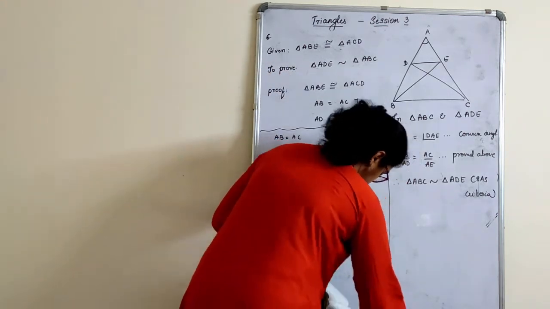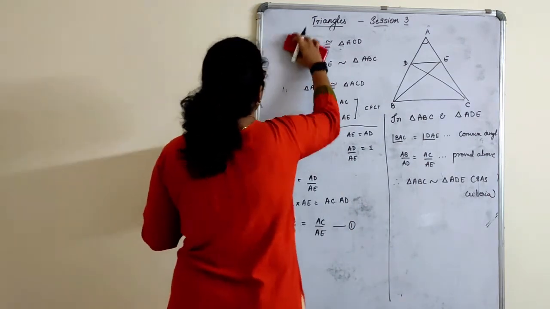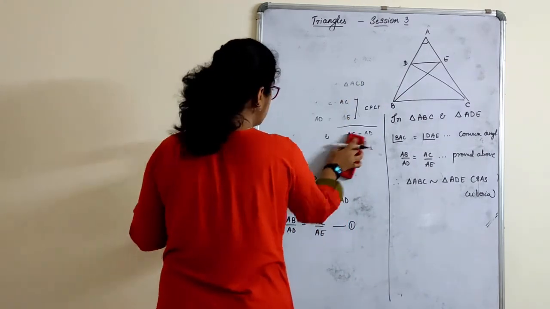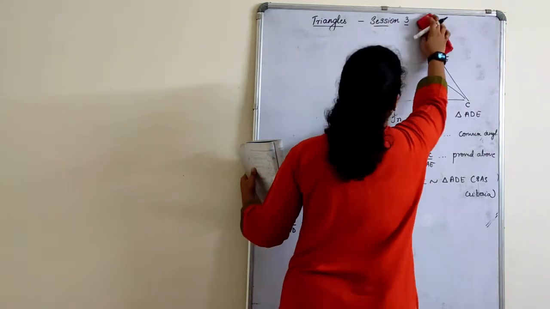Seventh one. I will only solve one and the remaining three sections I am marking for homework because they are similar. I will tell you how to solve one and the remaining all three are similar.